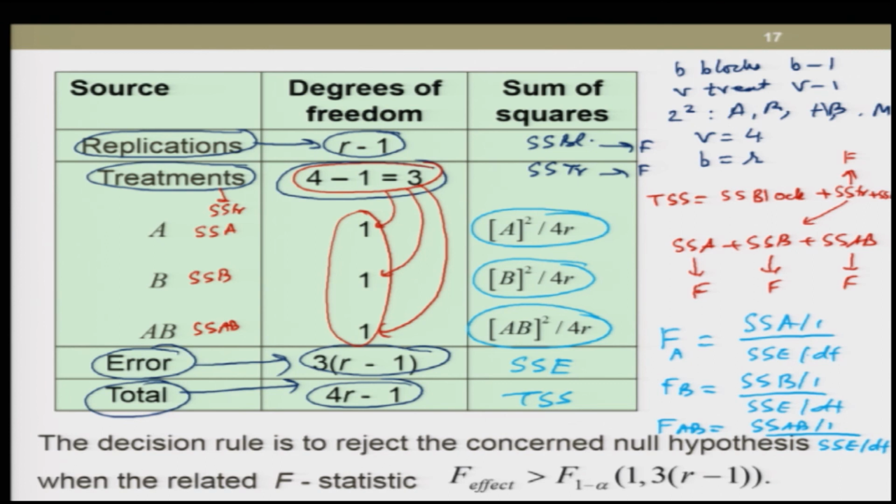Now after this you can conduct the analysis of variance exactly in the same way as you used to do earlier, and the decision rule is to reject the concerned null hypothesis when the computed F statistics of the effect is greater than the tabulated value of F statistics from the table. Now, you have seen what I have done and why I was trying to emphasize the utility of factorial experiment.